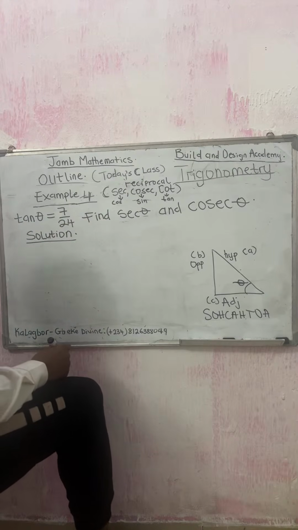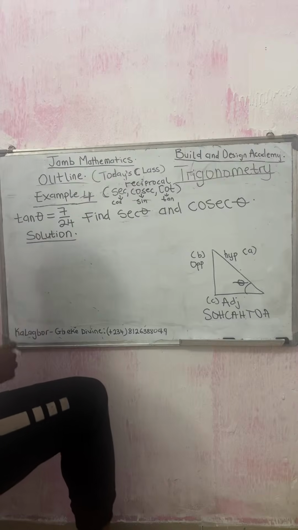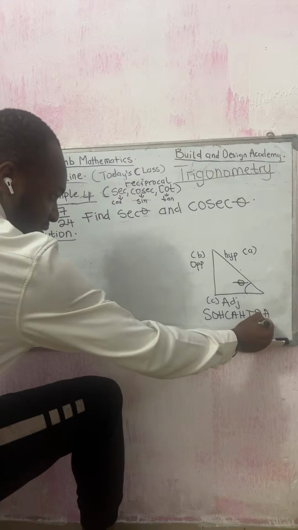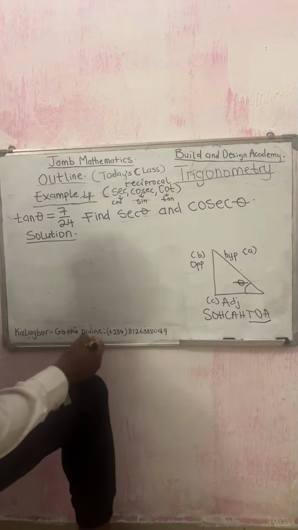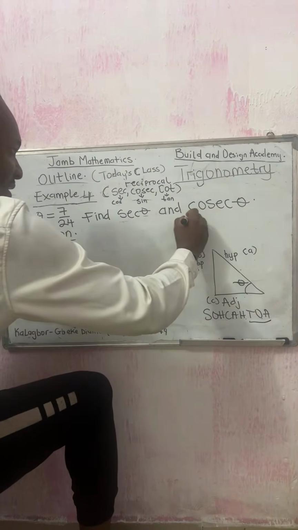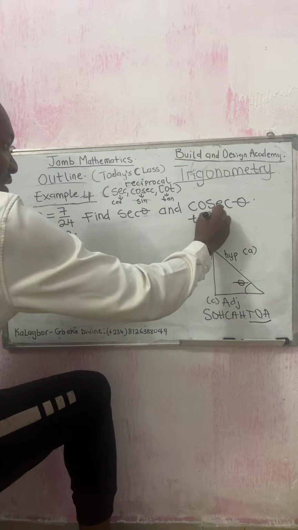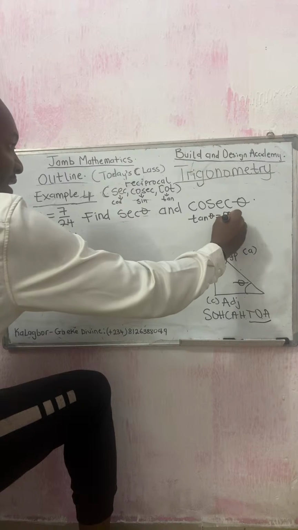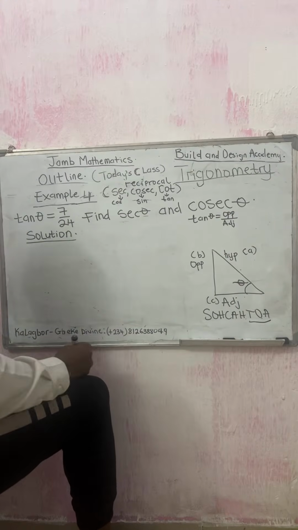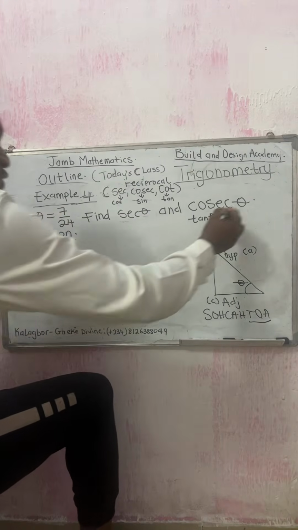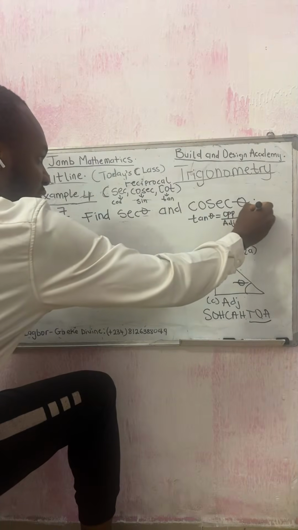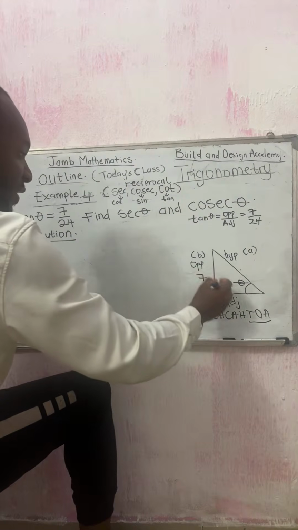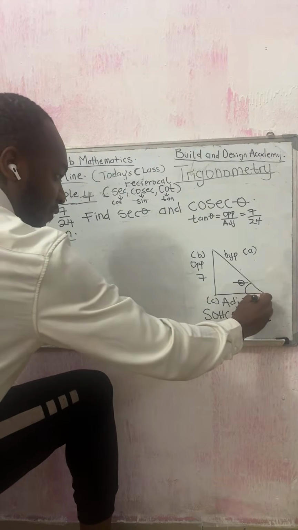Solution. First of all, what is tan theta? From SOHCAHTOA, tan theta is opposite over adjacent. And we have 7 over 24, so our opposite will be 7, and our adjacent will be 24.